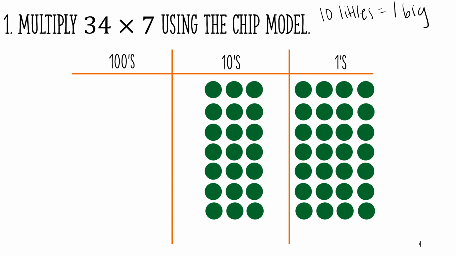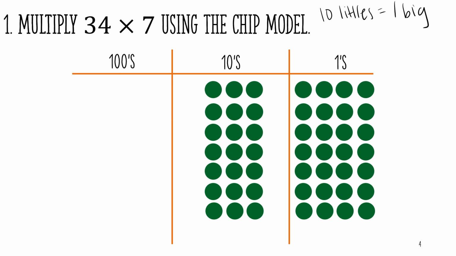Right, so that's kind of a general way of describing it that would apply to going from ones to tens, tens to hundreds, hundreds to thousands, whether you're using chips, base 10 blocks, etc. Alright, so we're going to look for opportunities to do our exchange rate of 10 littles equals 1 big. We see that there's lots of opportunities here. We have lots of chips represented here.